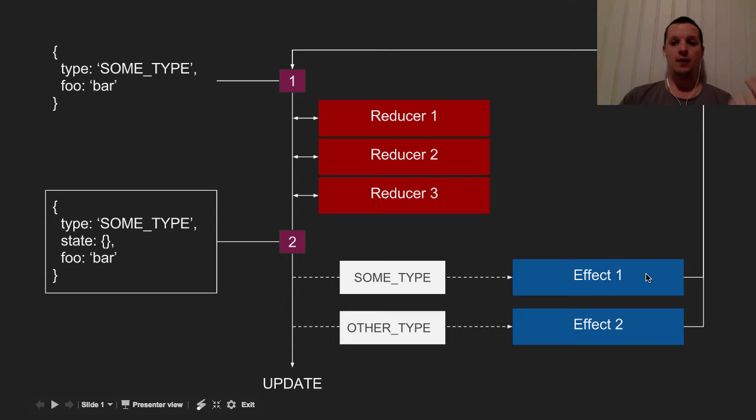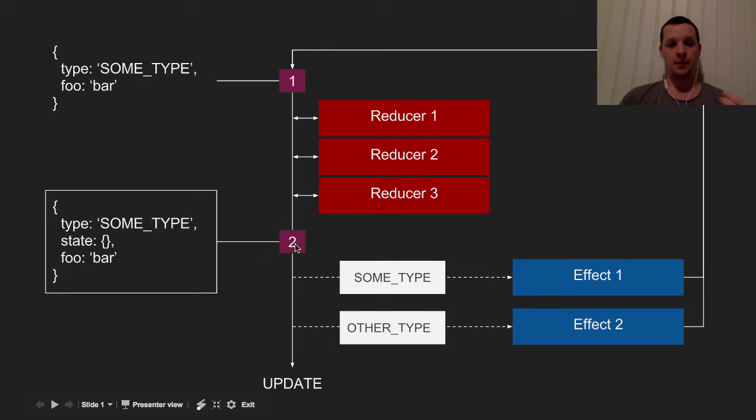And then that effect will produce a new action, which is passed in on the top here, which will go through all the reducers, and maybe it produces a new effect. So for example, if some type here went through the system, maybe reducer 1 picked up on some type and changed the state. But reducer 2 and reducer 3 didn't do anything.